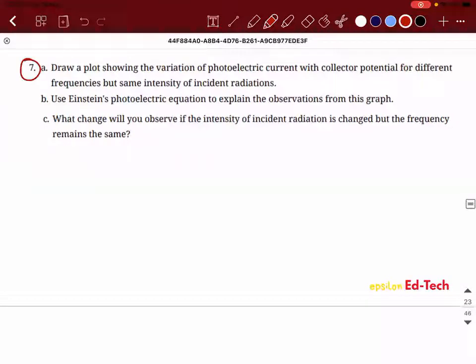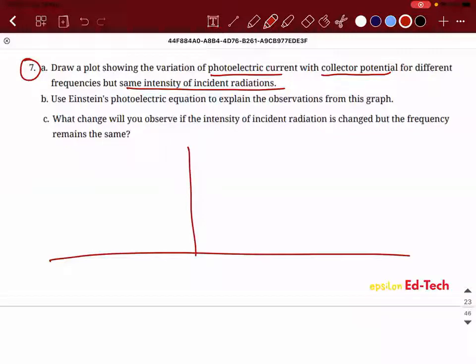Seventh one. Draw a plot showing the variation of photoelectric current with collector potential for different frequencies but same intensity of incident radiation. So how is it going to be, guys? So this is the collector potential or anode potential. Both mean the same. So this is for positive value, this for negative value.